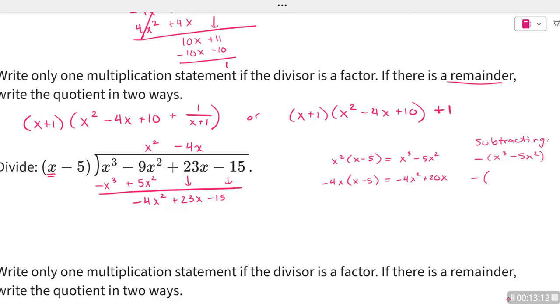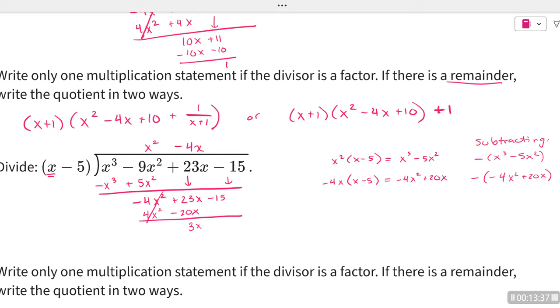So remember, if I'm subtracting those, I have to switch both signs. I distribute my negative, so this becomes a positive 4x squared, and this positive 20x becomes a negative 20x. So these cancel out, which is what we want.